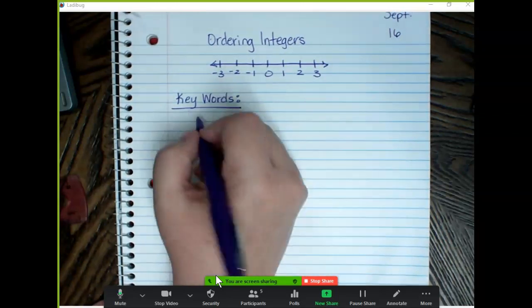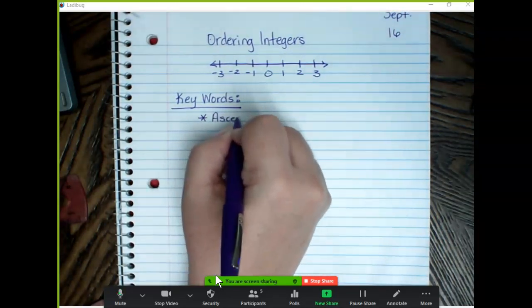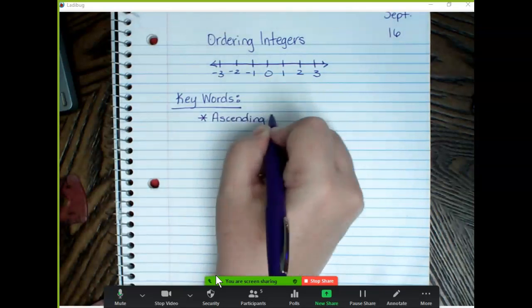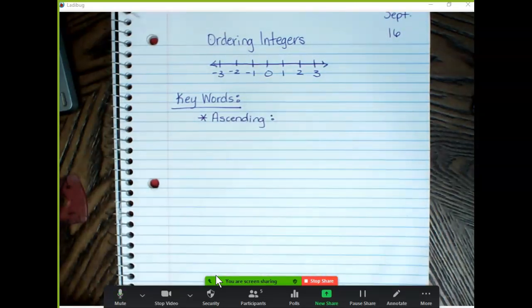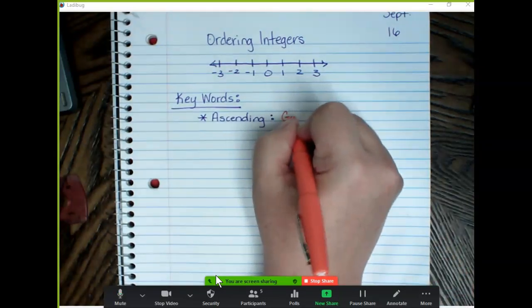The first key word that I see a lot is ascending. Does anybody know what ascending means? If something is ascending, it is going up.